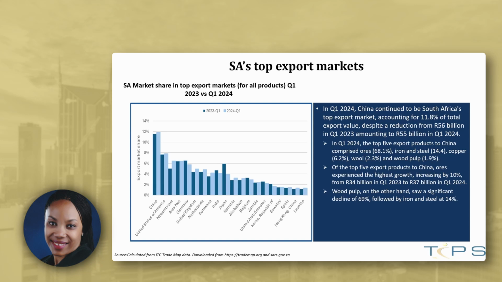Of the top 5 export products to China, ores experienced the highest growth, increasing by 10%, and pulp, on the other hand, saw a significant decline of 69%, followed by iron ore at 14%.